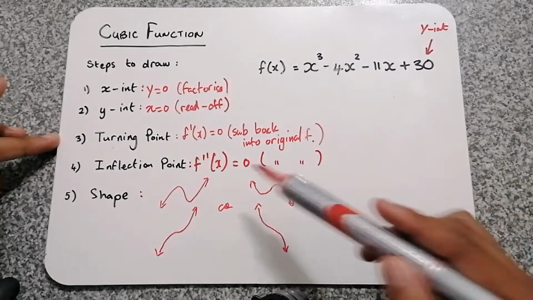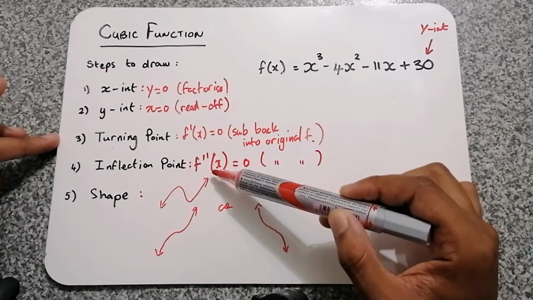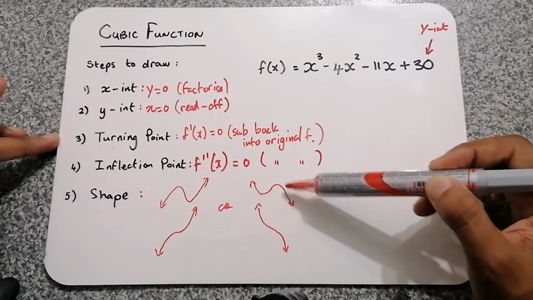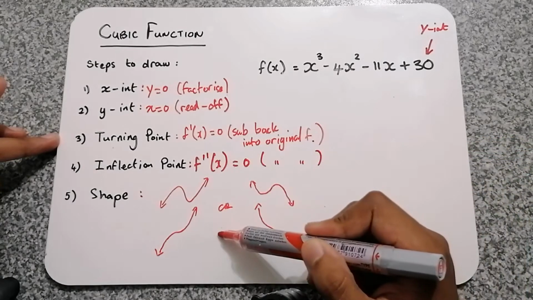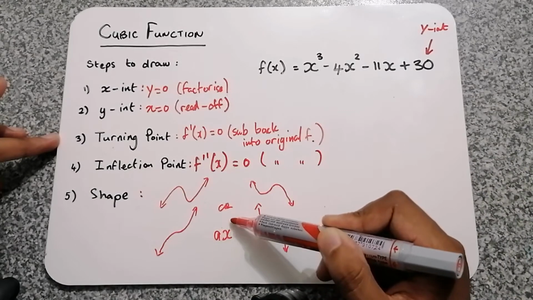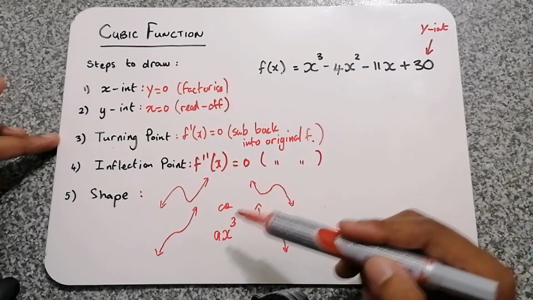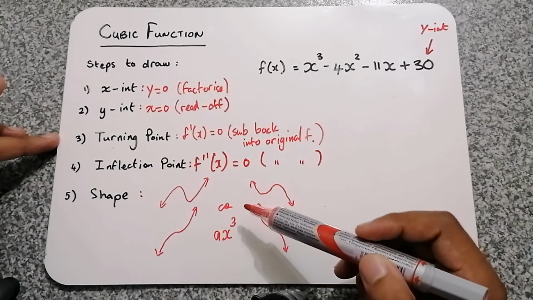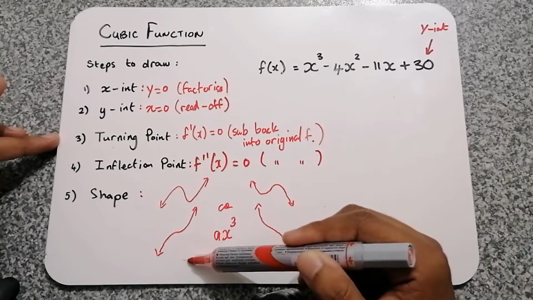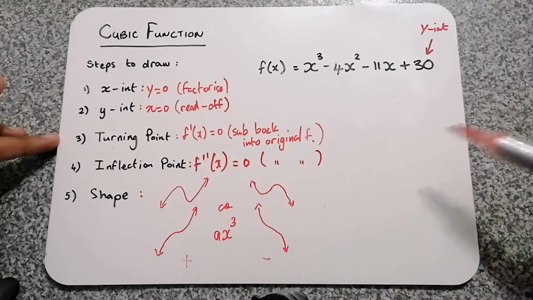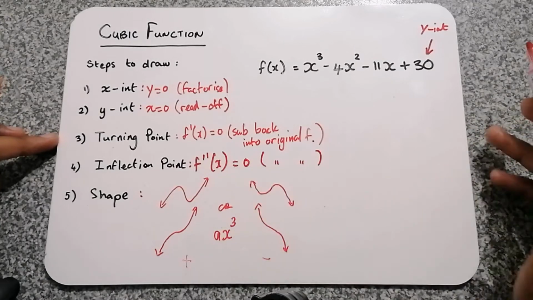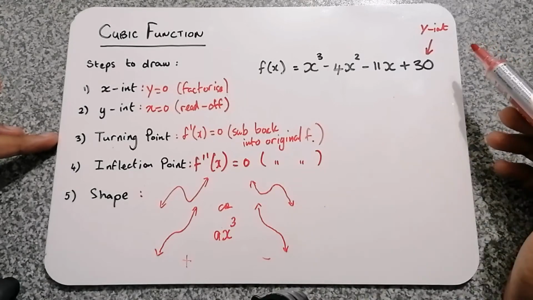So I like calling this the up, down, up graph, and this one the down, up, down graph. Now, it's all dependent on the a value. It's the value next to the x cubed. So if a is positive, it's going to look like that, and if a is negative, it will look like one of these two.